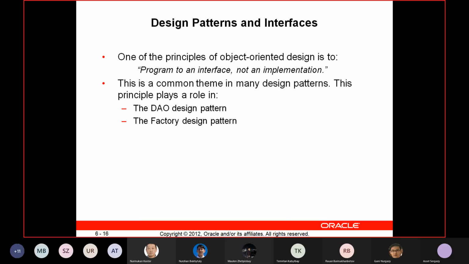Because if you work directly with implementation, in the future when you try to replace some part or make some changes, it's very painful. If you do it through an interface, it's more dynamic.